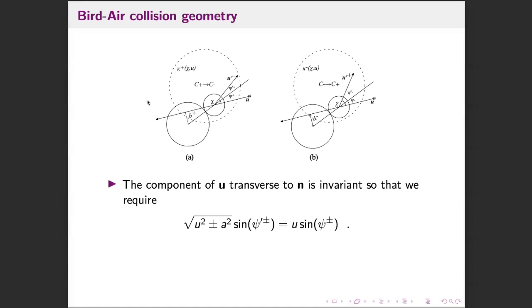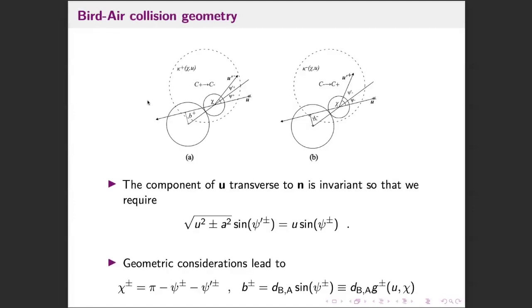The way you do that is you assume that this transverse component is invariant, but that's quite tricky because the magnitude has changed, as we just discussed. So that will give this equation between this angle between the ingoing relative velocity and the line of sphere centers, and this one, which is the outgoing relative velocity with respect to the line of sphere centers.